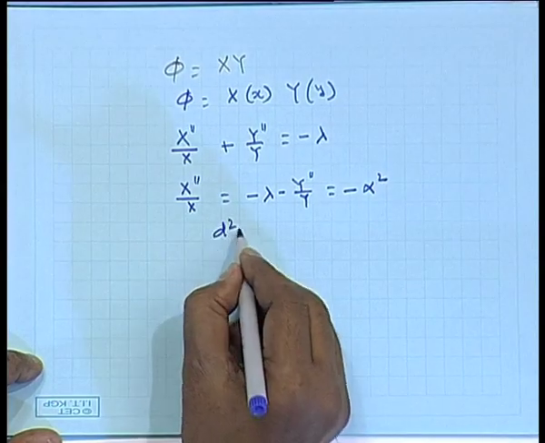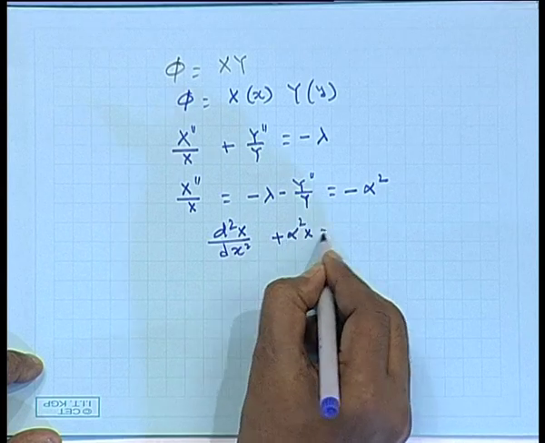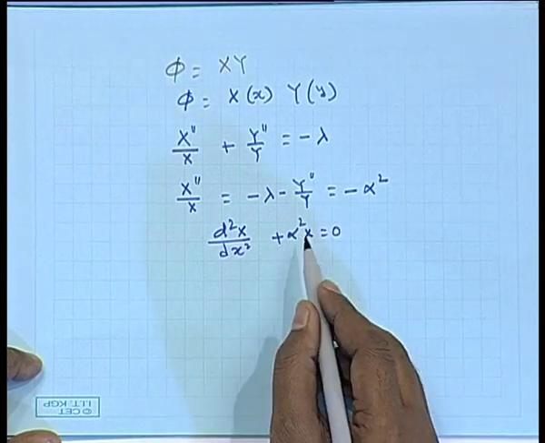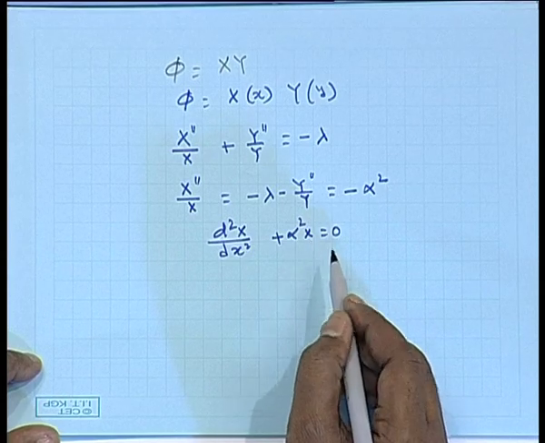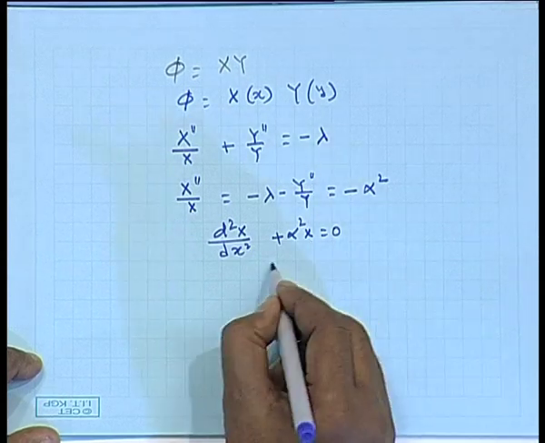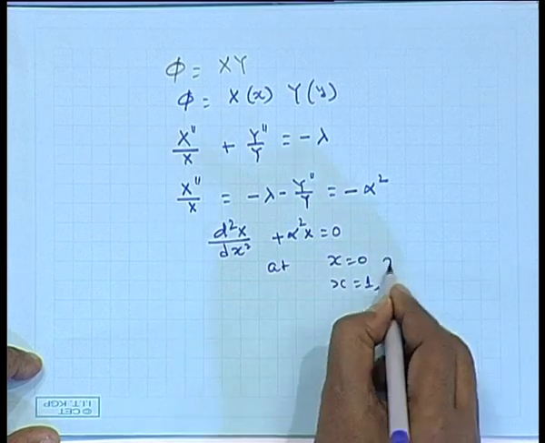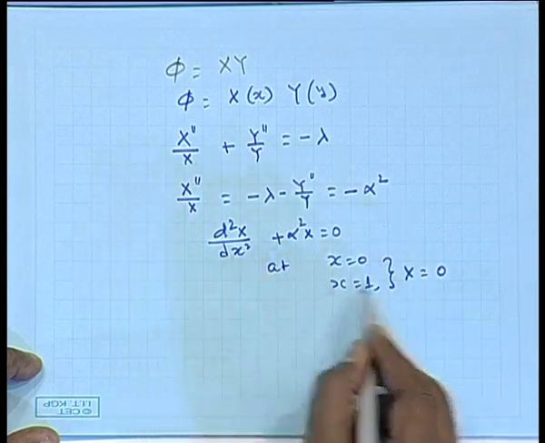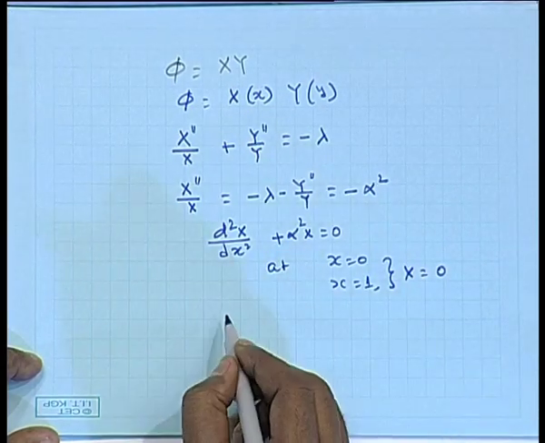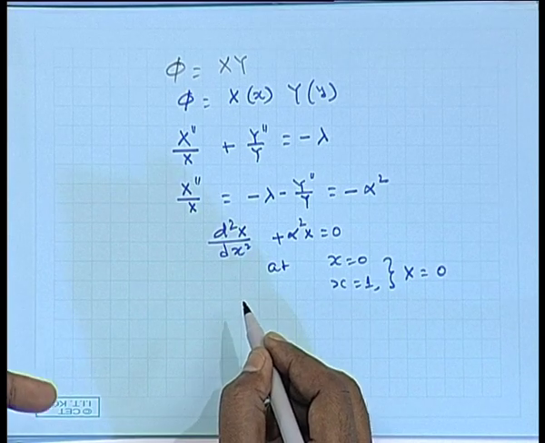So, d2X dx square plus alpha square X is equal to 0. Now, the x varying part must be satisfying the boundary conditions on x of the original problem. What is that? At x equal to 0 and x equal to 1, your capital X is equal to 0. Okay? And we have solved this problem a number of times, right? The corresponding eigenvalues are n pi and the corresponding eigenfunctions are sin n pi x.